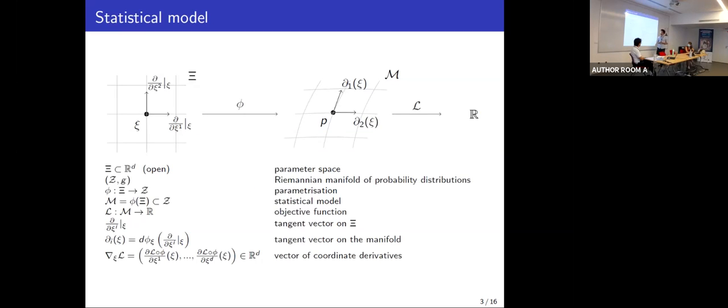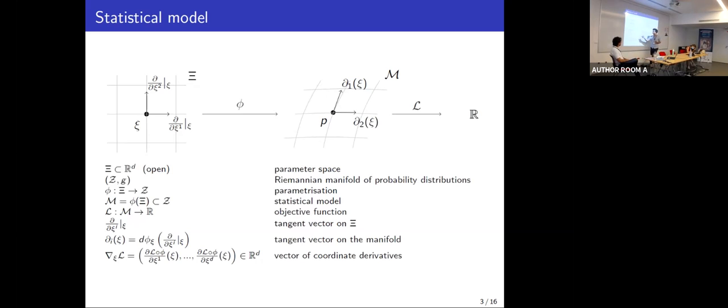So what we are starting with is a space of parameters, which I'm calling capital Xi, and it's just an open set of R^D. Then there is a parametrization map from this parameter space to a Riemannian manifold of probability distributions.